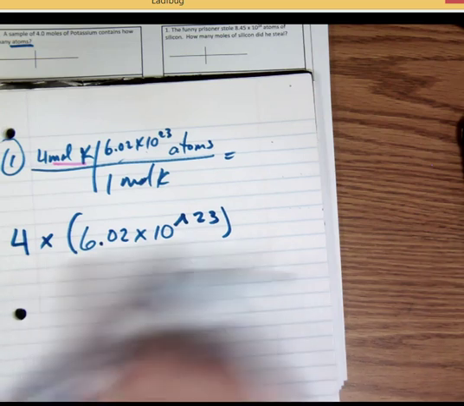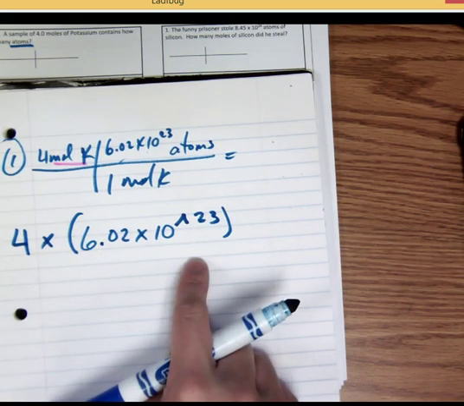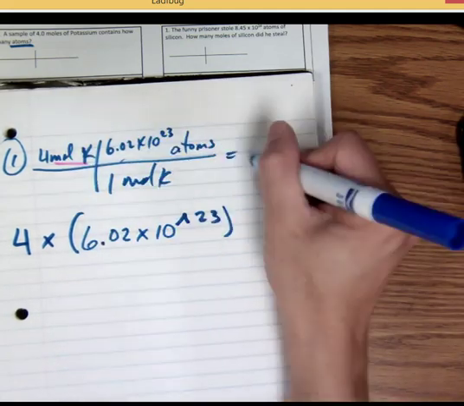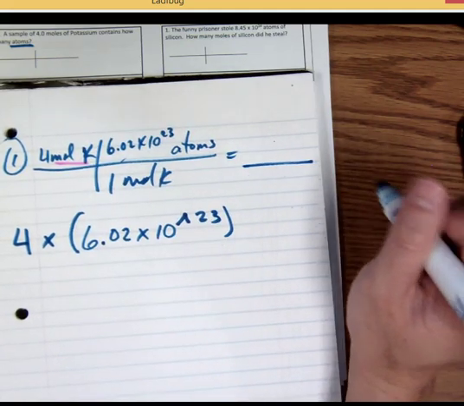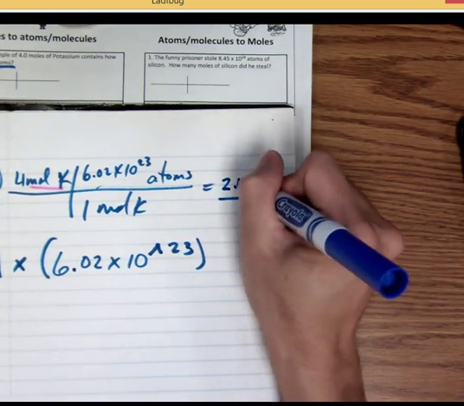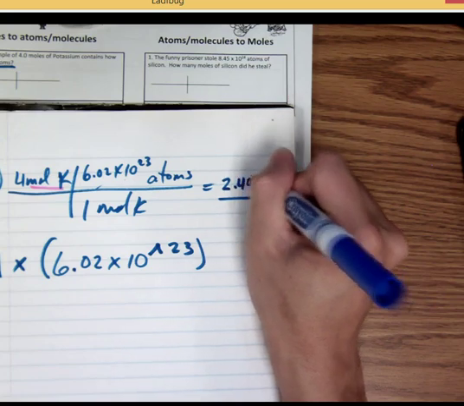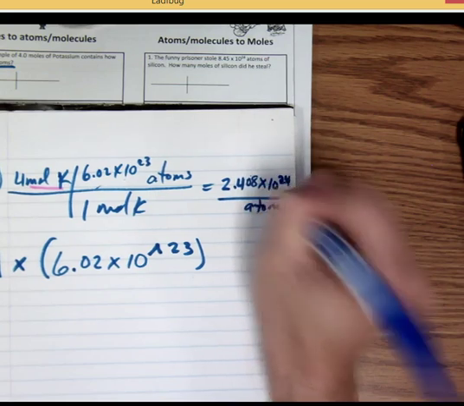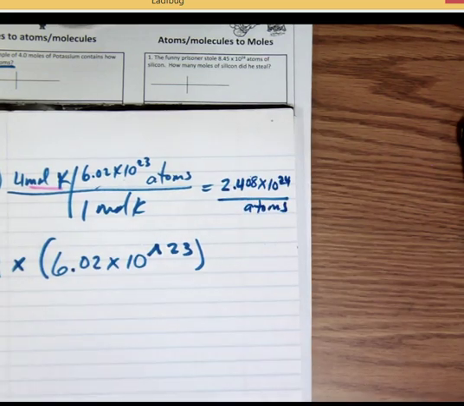When you divide later, you must have parentheses. When you multiply, you don't need to. So multiply the top and you'll get an answer. Something like 2.408, something like that, times 10 to the 24th atoms. I'm trying to do that in my head, but good luck.